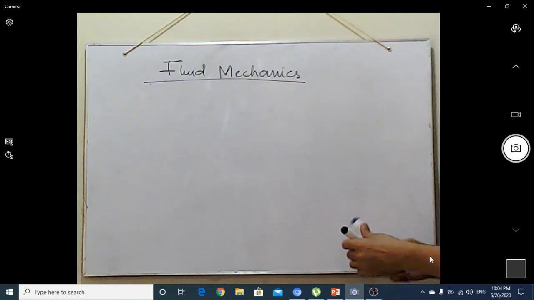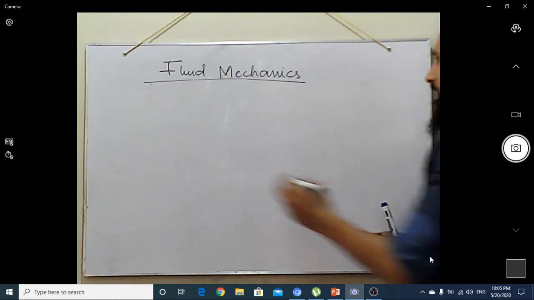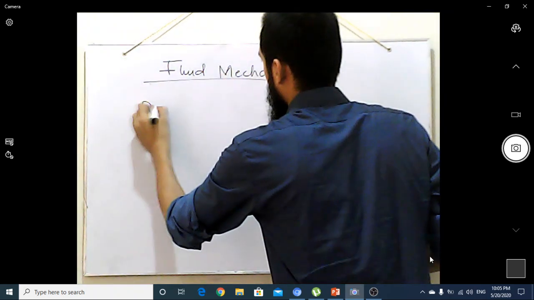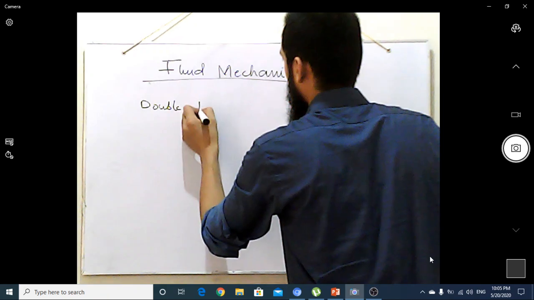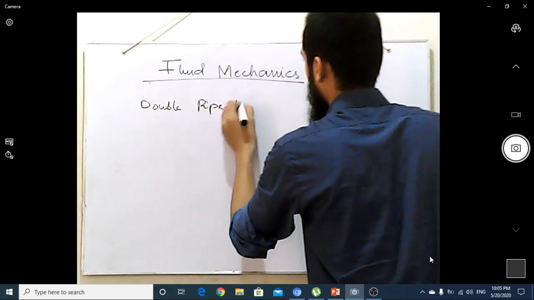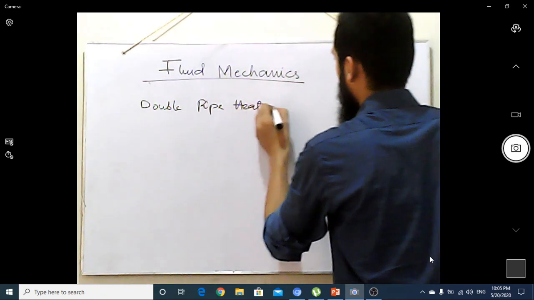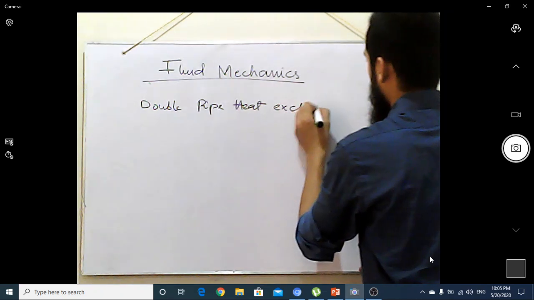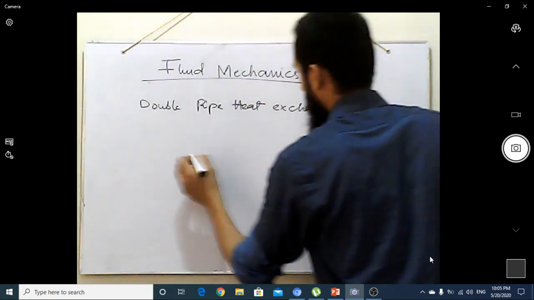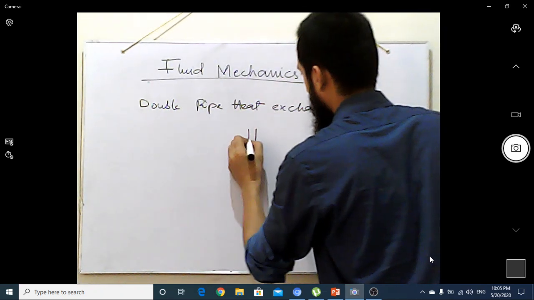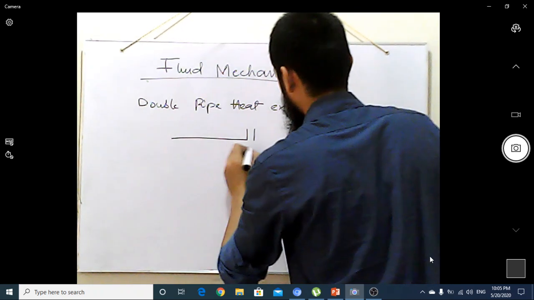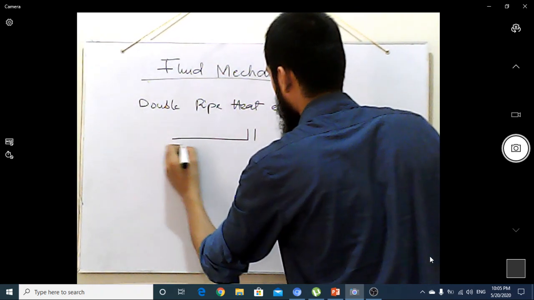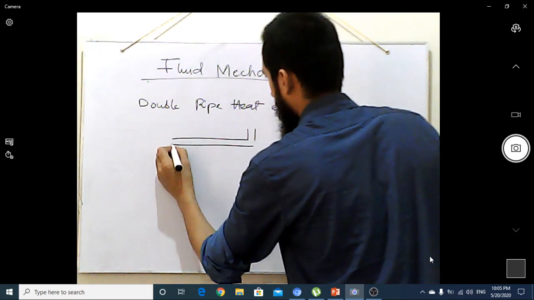Okay, let's consider another case, the double pipe heat exchanger, which has some geometry like this. This is the upper surface. This is the inner part.